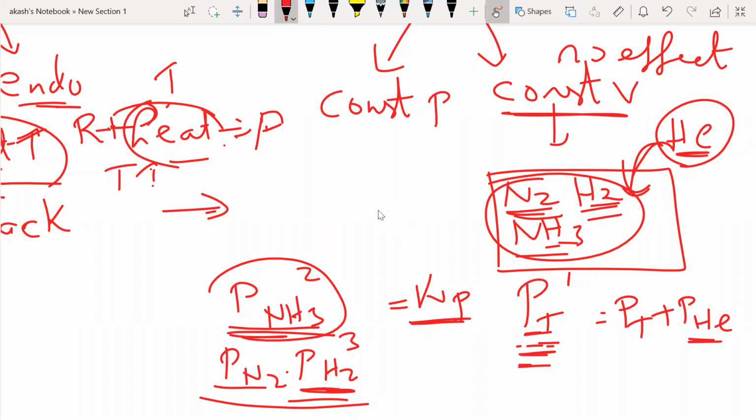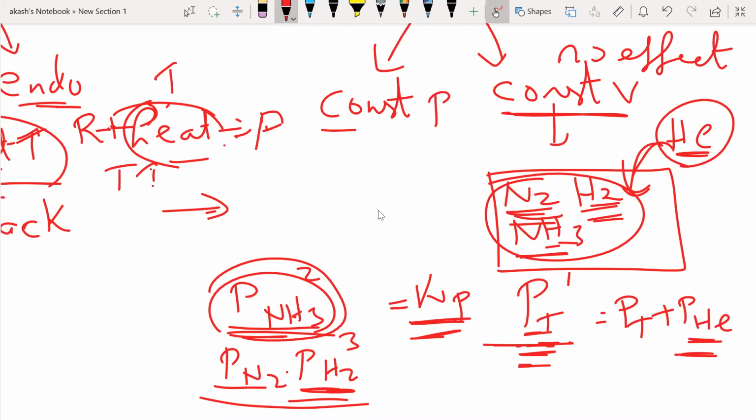Please remember this. I hope you understood the logic. Total pressure will definitely change because of the addition of the gas, but the individual partial pressures of the reactants and products are not going to change. That means the Kp value is going to be intact. There is no change in equilibrium. I hope everybody understood.